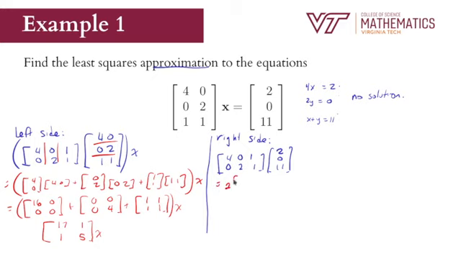I'll weight the first column by 2, the second column by 0, and the third column by 11. That is 8, 0, skipping the middle one because it's 0, plus 11, 11. That turns out to be 19, 11.